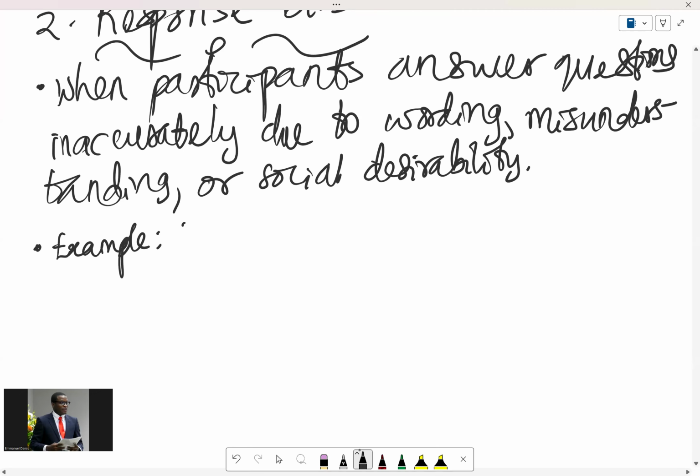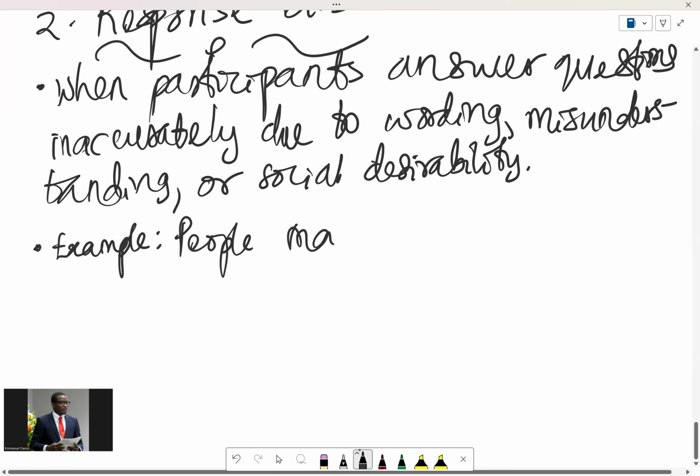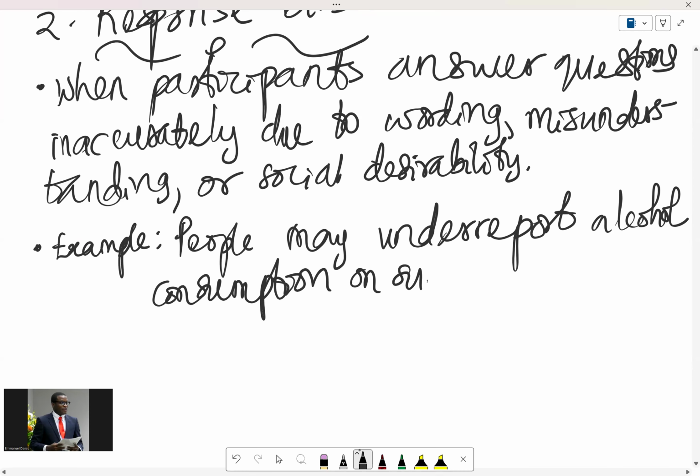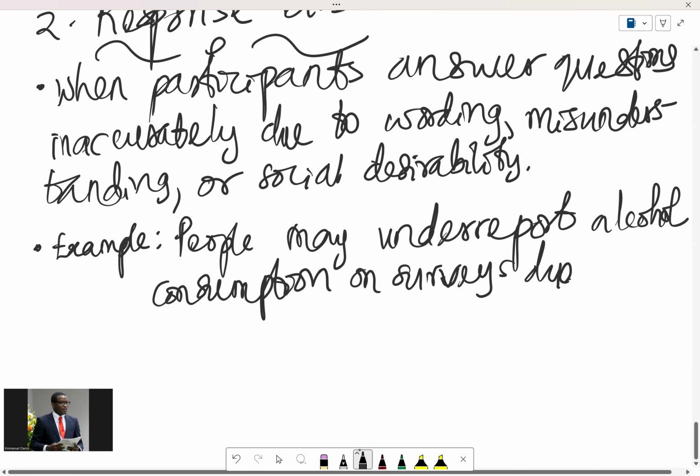An example is that people may underreport alcohol consumption on surveys due to social norms.